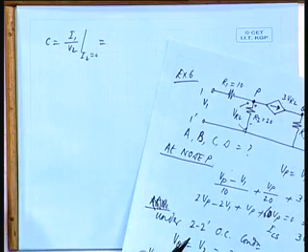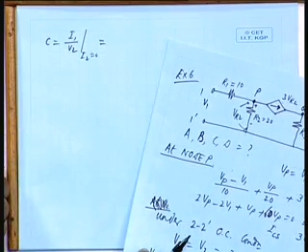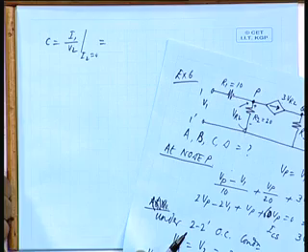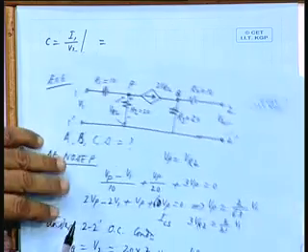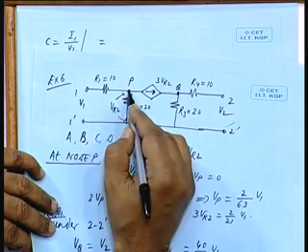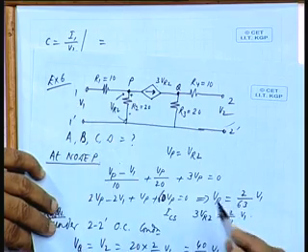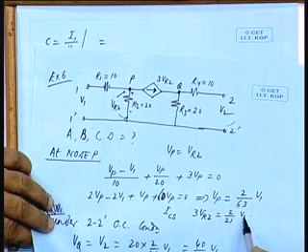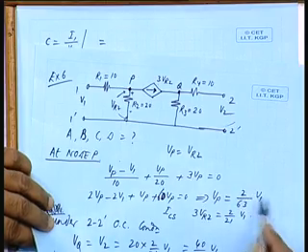How much is I1? It is V1 minus this potential Vp, which is already calculated as 2 by 63 of V1.